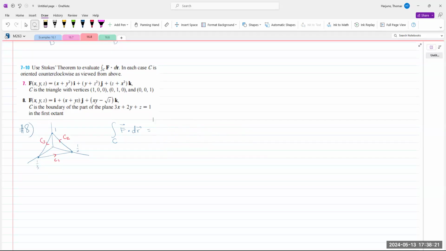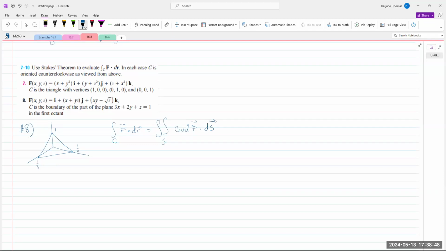let's use Stokes' theorem instead. So let me erase this. It's the double integral over surface S of the curl of F dot dS.